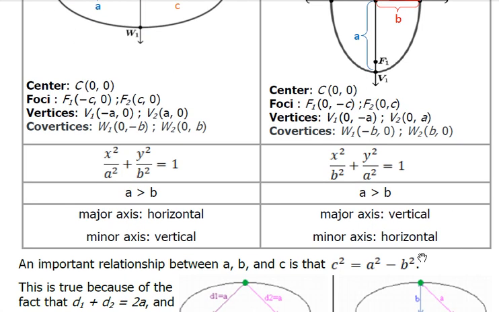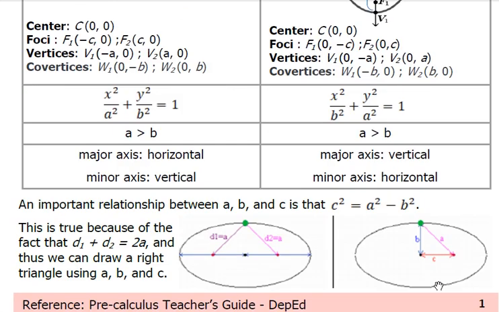And further, the major axis is horizontal. That means if it is a horizontal ellipse, the major axis is also horizontal, and so the minor axis is vertical. Then, if it is a vertical ellipse, the major axis is also vertical, and the minor axis is a horizontal axis.